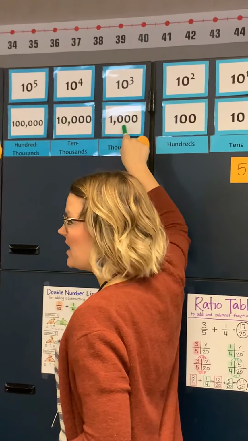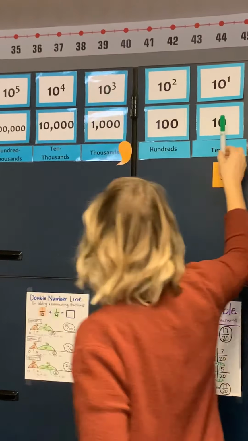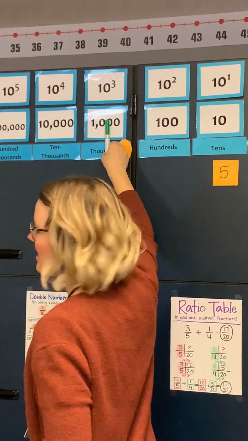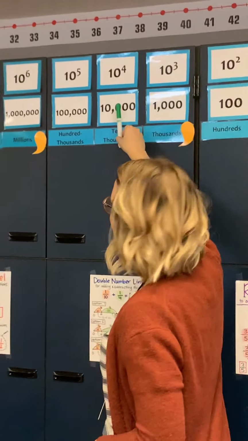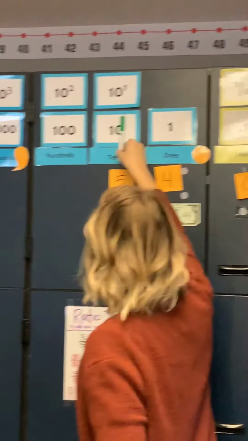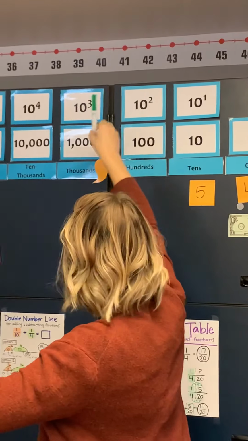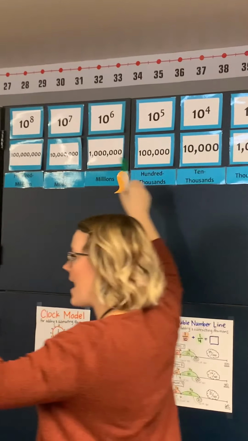The 1,000, the strip mat, is 10 times 10 times 10, so we went 10 times 10 times 10, 3 times. And the 10,000s mat was 10 times 10 times 10 times 10, so it's to the fourth power.